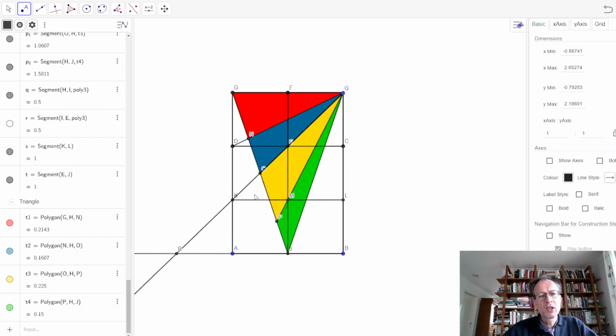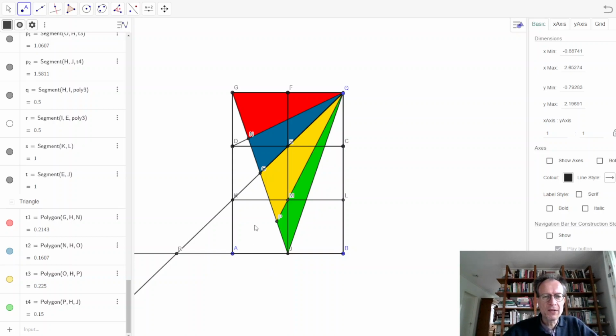But then it is the question: what is the proportion of these triangles? Well, that's not very hard, because their bases, this has length of 2 squares, and if you extend this, you will easily see, because this line exactly goes diagonal to these squares, so you know that this base also has length of 2 square sides.